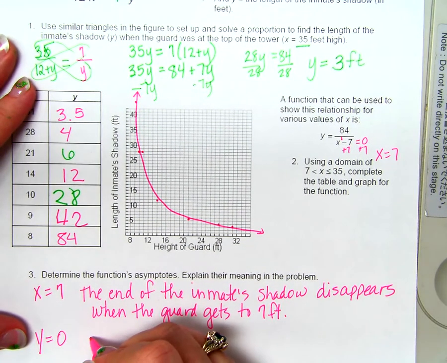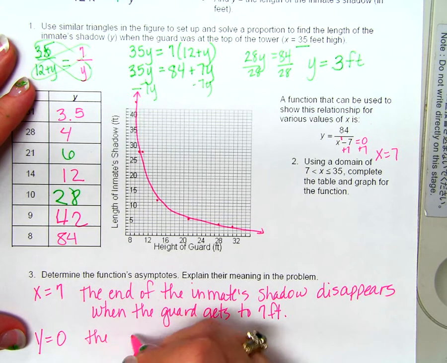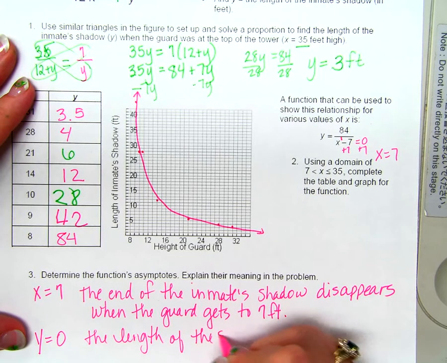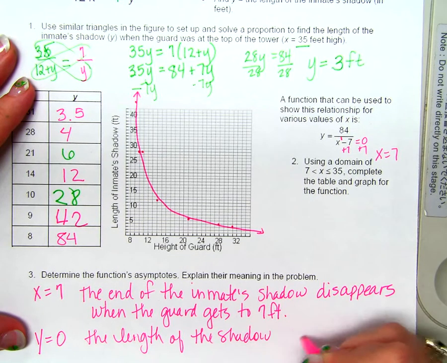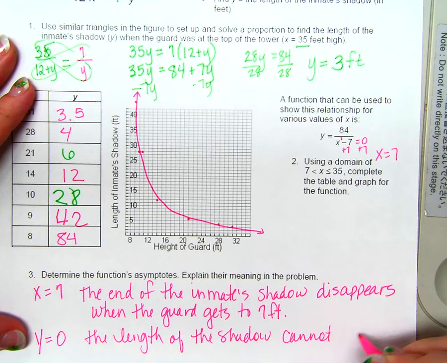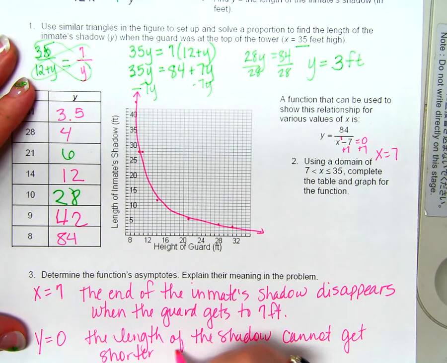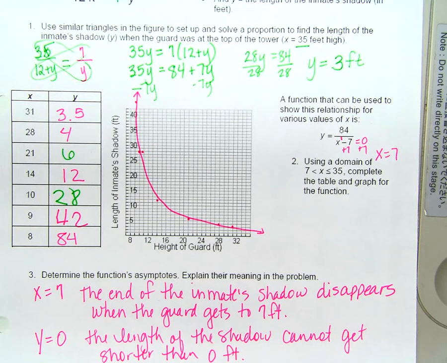So we're going to say the length of the shadow cannot get shorter than 0 feet. Okay, and it can't get to 0 either, but definitely not shorter than 0.